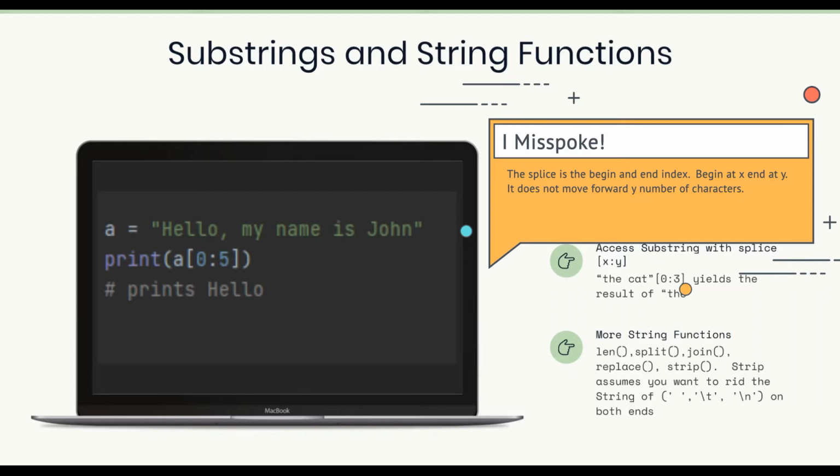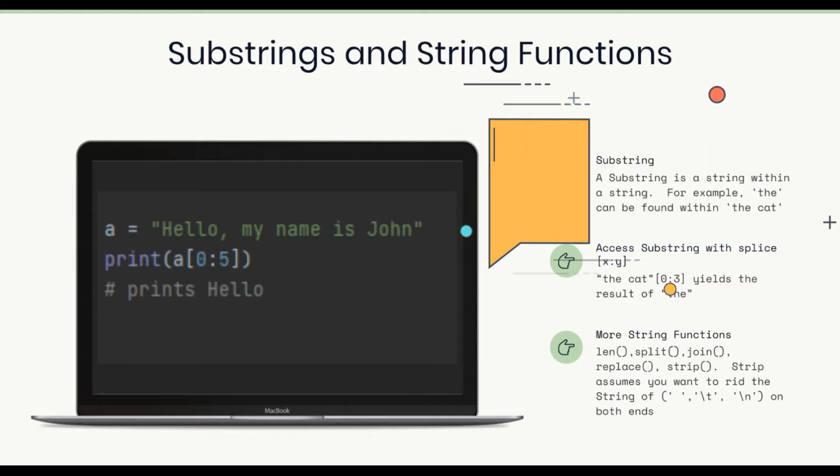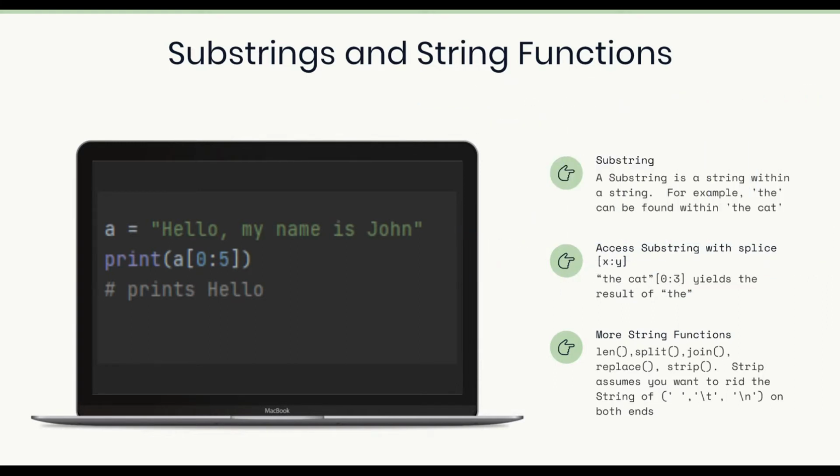So start at 0, which would be before the t, go forward 3 spaces, which would be right after the e, and then we have the word the. So in the example, which looks a little bit blurry because it's probably blown up too much, we have a equal to hello, my name is John, and then a bracket 0 colon 5 bracket would get the word hello.